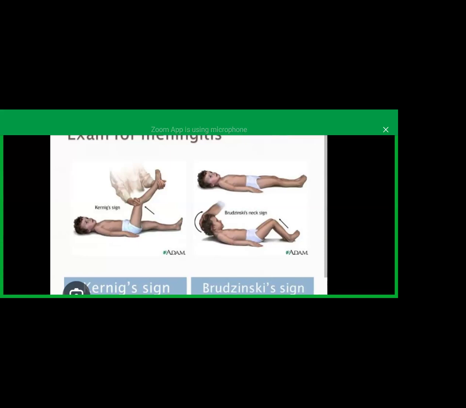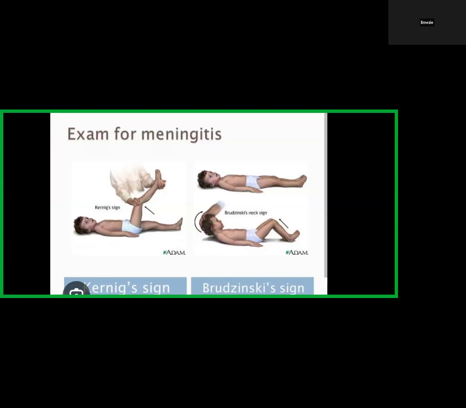So what is neck stiffness? As we are seeing in this picture of the little boy labeled Brudzinski neck sign. Neck stiffness is this: in a normal person, when you try to flex the neck, you put your two palms under the occipital region of the patient's head and you just try to flex it.